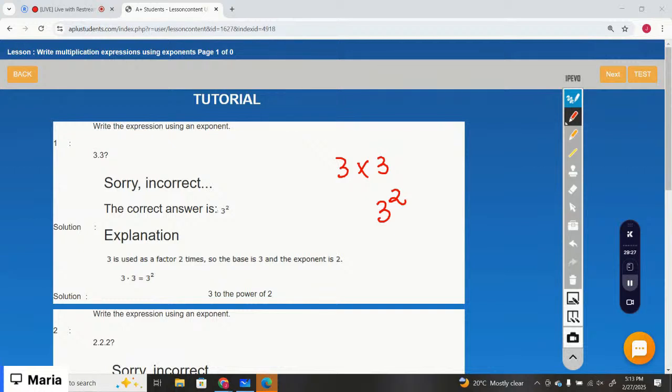Got it? Let's just start with the test questions.